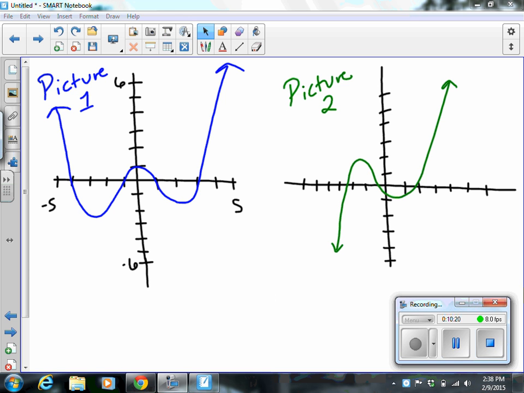I've got two pictures here, and the questions will be right after each other. For my first picture, you should be able to figure out what type of degree it is, as well as how many zeros, and approximate your relative min and max. Same thing with picture 2. Good luck.